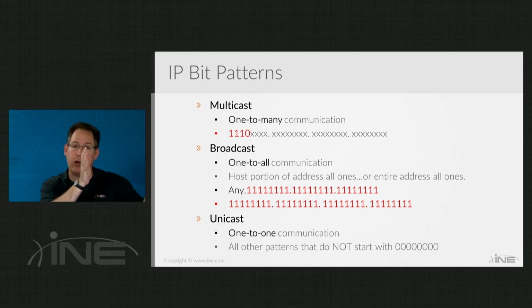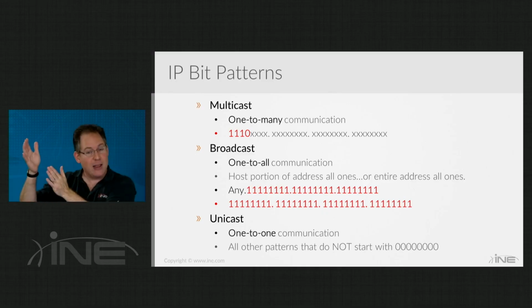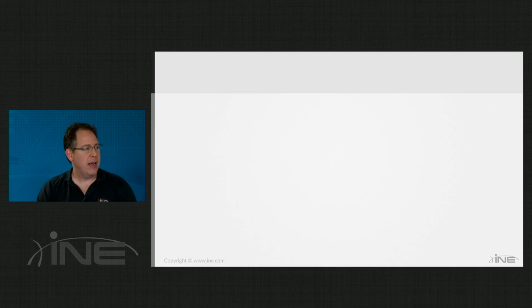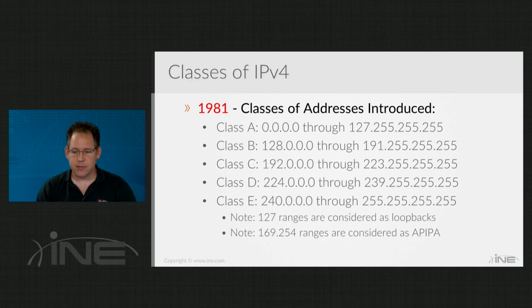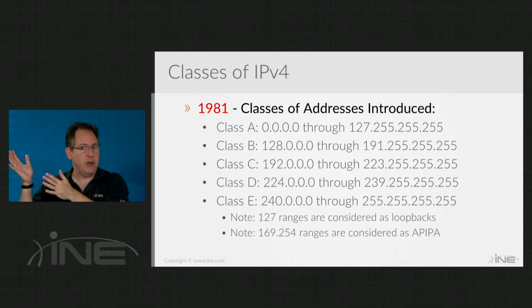Why don't we sacrifice some of the host bits and add them to the network section? And they came up with classful addresses. So in 1981, classes of addresses were introduced. So Class A, that was like the original way of doing it.